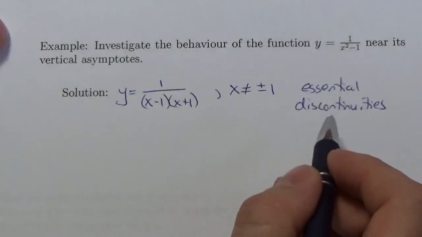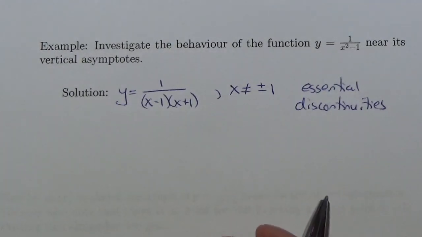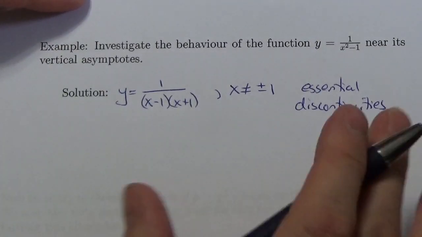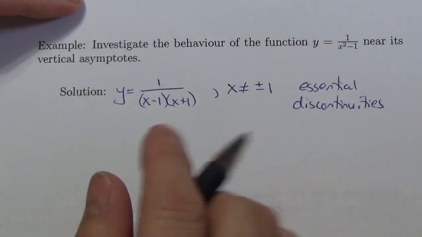So that means these are essential discontinuities. They are a necessary part of this function. For you to understand how it behaves, I need to see those things. They're not going away. So I know that they're there. I know that this graph has vertical asymptotes at plus or minus 1.